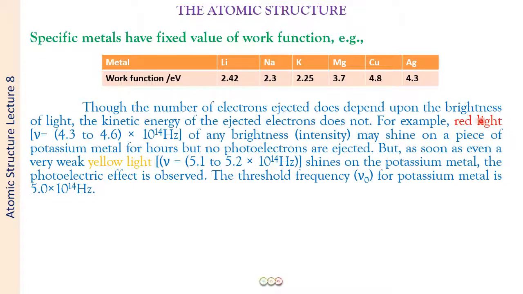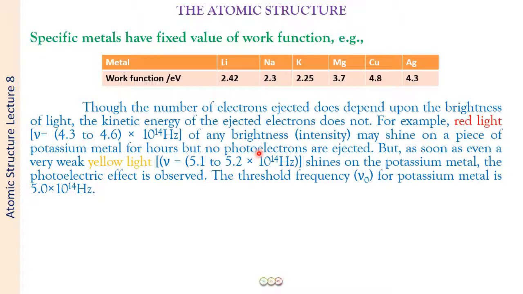So we have red light with a frequency of 4.3 to 4.6 into 10 power 14 hertz of any brightness. It was tried to shine on a piece of potassium metal for hours. But because the frequency was less, irrespective of the intensity, there was no photoelectric effect.